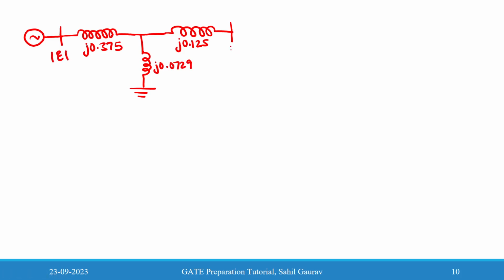So this is E, this is V, and now we have to find the equivalent reactance between E and V, both buses. So again you need to do a transformation. Here this is a star connection, so you again need to convert a star into delta.